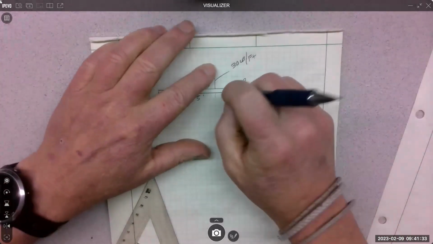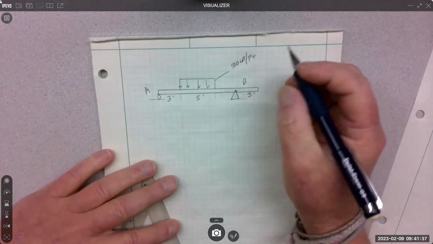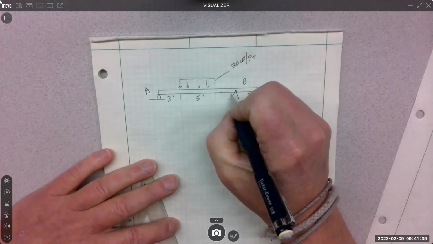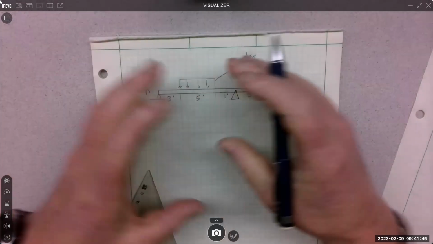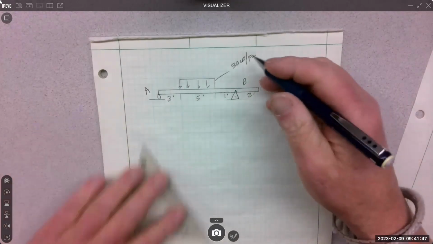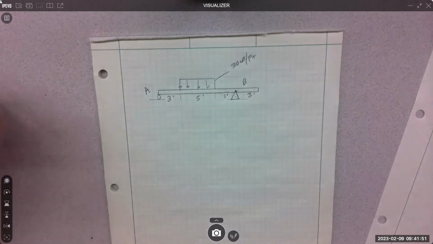I'm going to actually change this because I don't want it to be symmetrical. So this is not to scale, but this is going to be 1 foot. Okay. All right. So now it's not to scale. It's closer to this. I will leave it just like that. It's just not to scale.